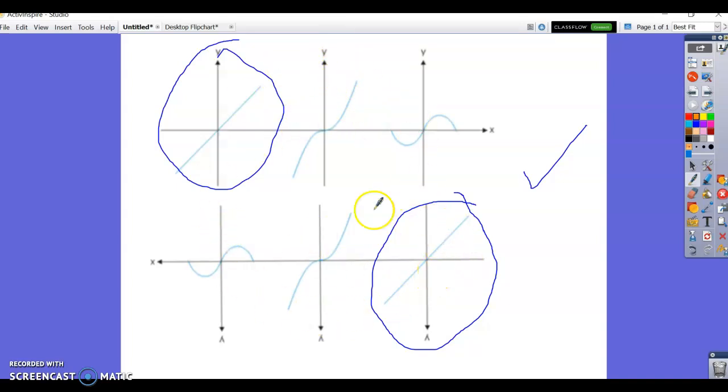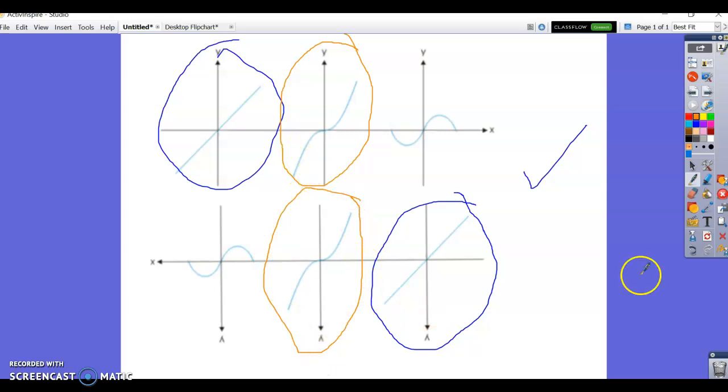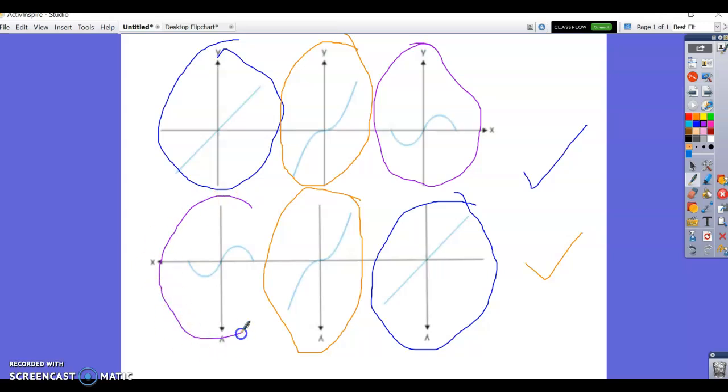If I rotate it all the way around, so this y is now at the bottom, they are the exact same. Same thing with this graph. Is this graph and this graph the exact same? Yes, they are. So that's why it is an odd function, because it has symmetry about the origin. If I rotated it 180 degrees, they're the exact same graph still. And then the last one, this purple graph and this purple graph. When I rotated it all the way around, is this graph and this graph the same?